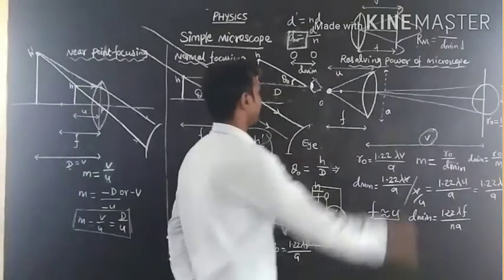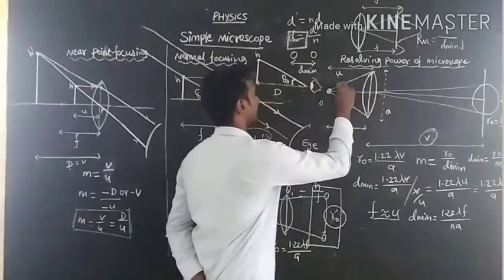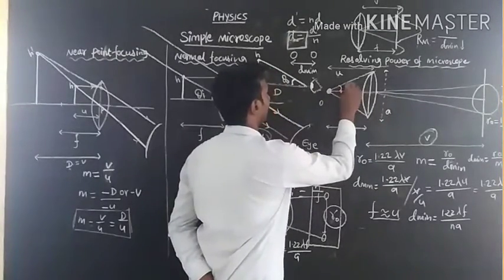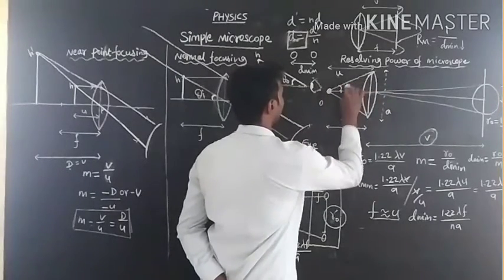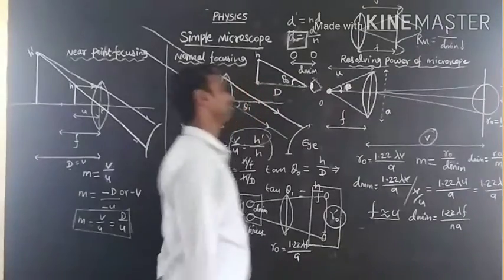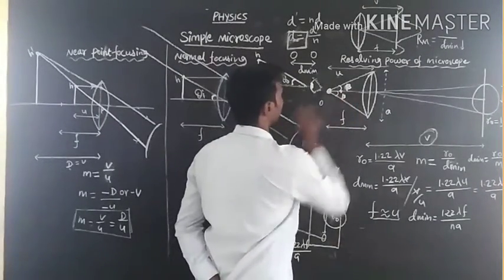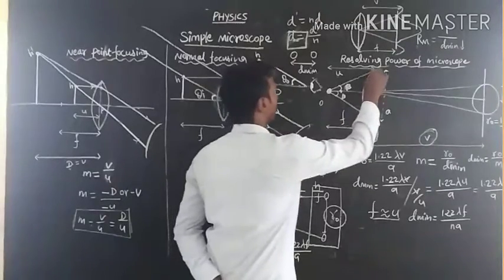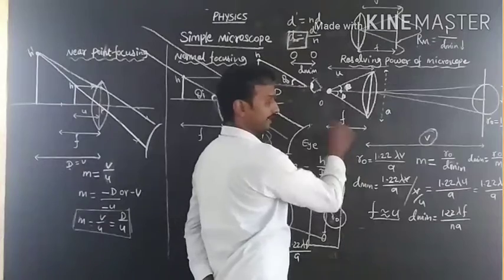Then now come to the points on the object side in the bottom. This is the angle theta, or in your book it is denoted by beta. So this is also equal to beta, and this total length is equal to a, and the position of the object is equal to f.